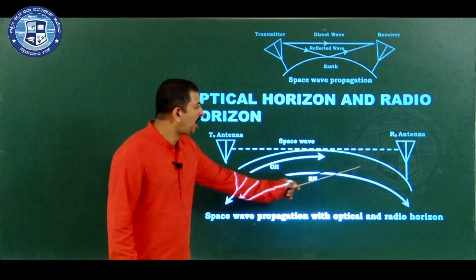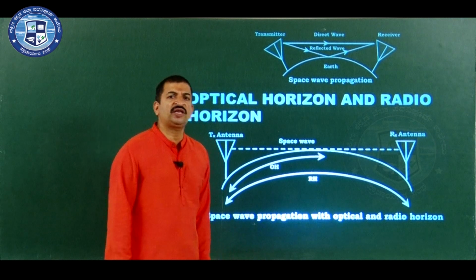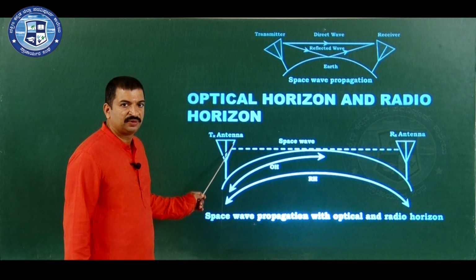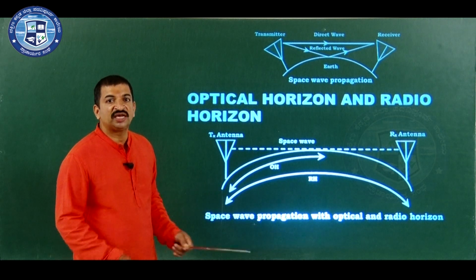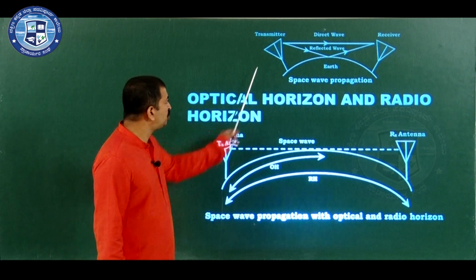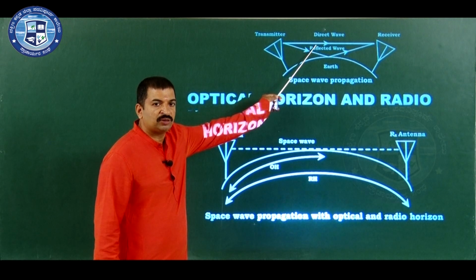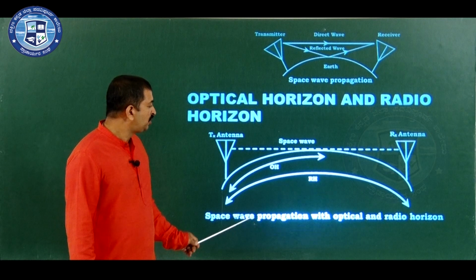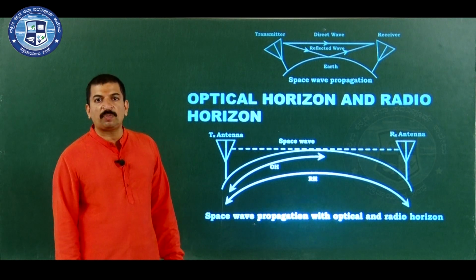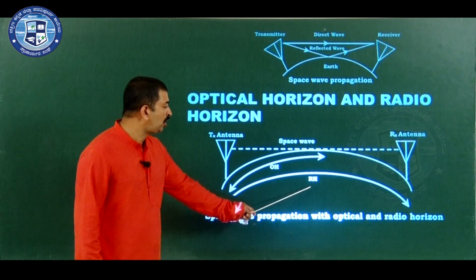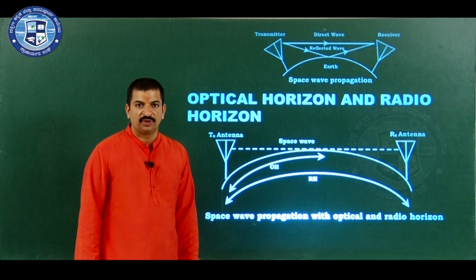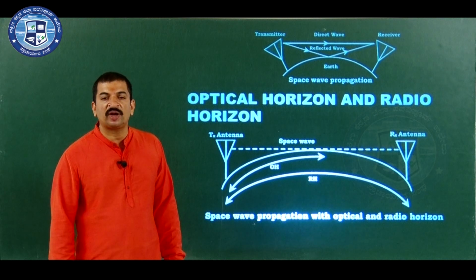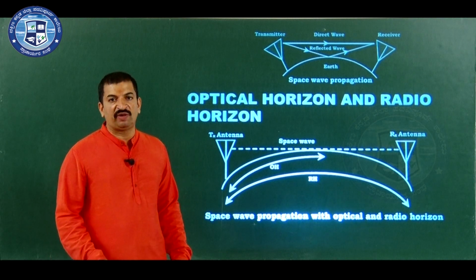So, if there is any antenna beyond the curvature of the earth, it receives a signal from the same transmitter because it receives the sky wave. These sky waves enter the region of the earth atmosphere known as ionosphere and get reflected back to the earth. So, the maximum distance for the propagation of the sky waves is called the radio horizon. Radio horizon is the maximum distance for the propagation of the sky waves.